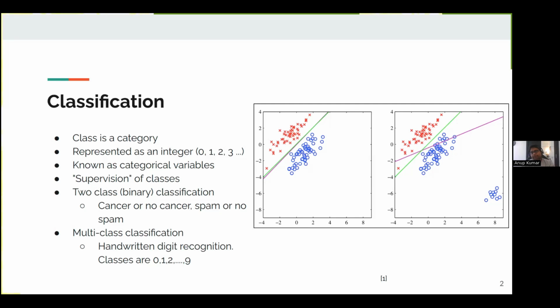But when a decision boundary is learned using an automatic method, sometimes it could also be dependent on the outliers. We see that some of the blue examples here are outliers, because they are very far away from the original blue circles. In this case, the decision boundary could differ from the ground truth decision boundary and may lead to higher errors in classification. But these are two details about classification tasks.